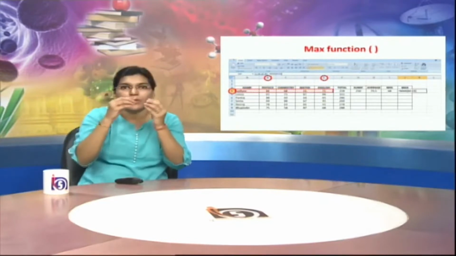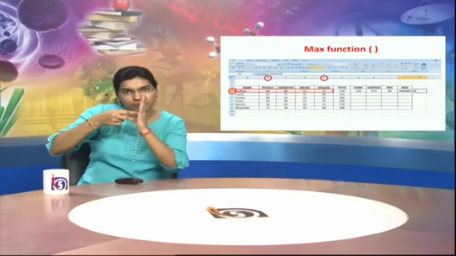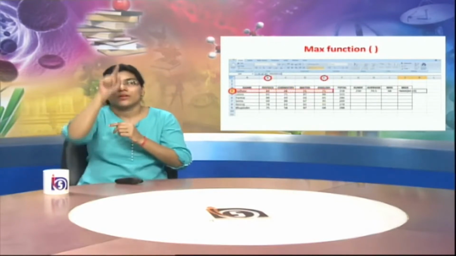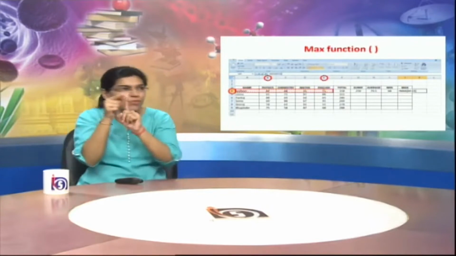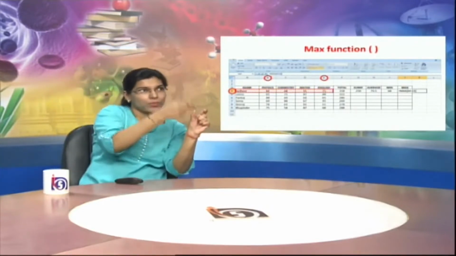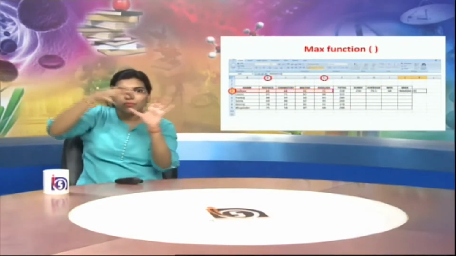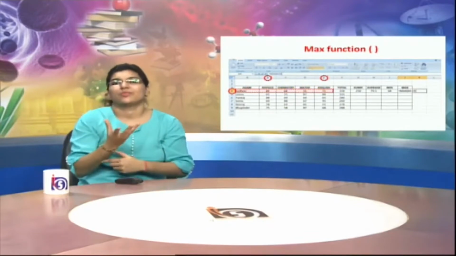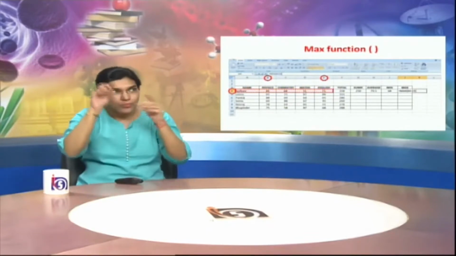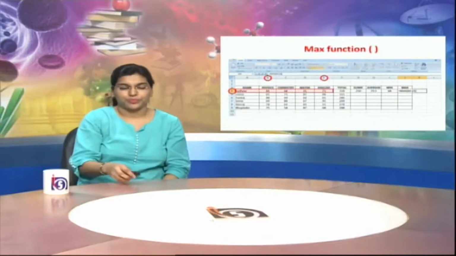You just have to put in the range like B4 till which cell. It is in the same format, from B4 under the column B, and the row is number 4. So the range is B4 till E4. So E is the column and 4 is the row.